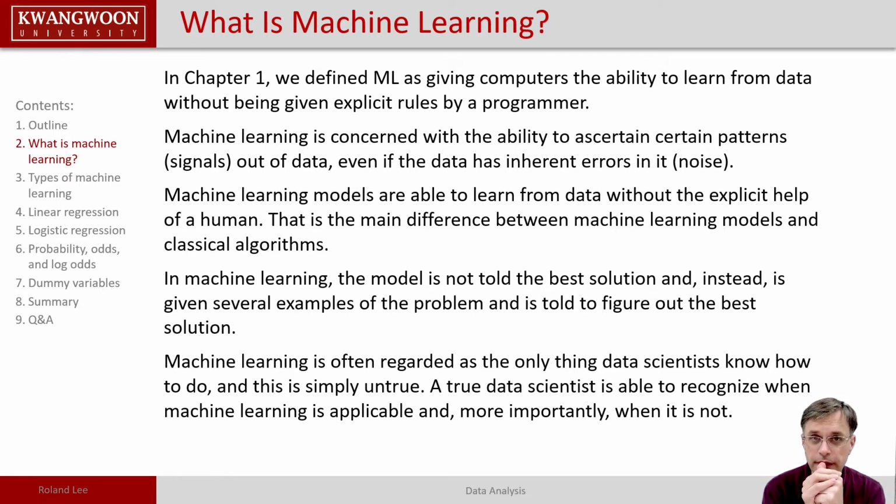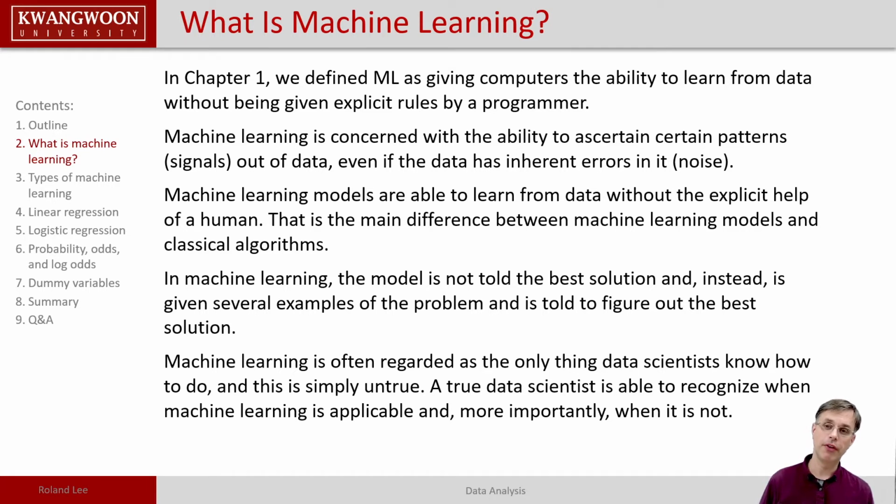This definition is still true. Machine learning is about the ability to ascertain certain patterns, so signals, out of data, even if the data has inherent errors in it, so basically noise.